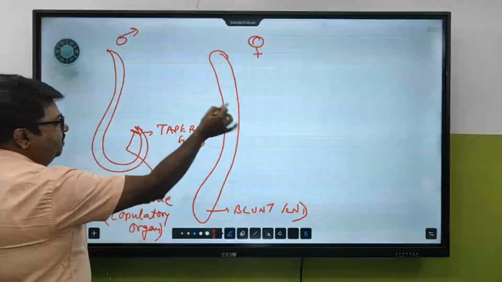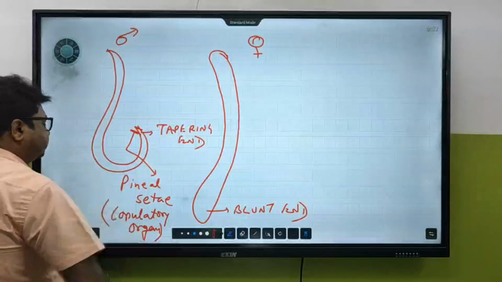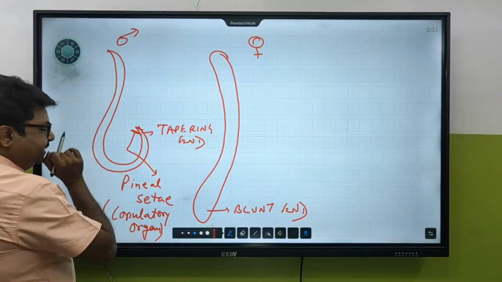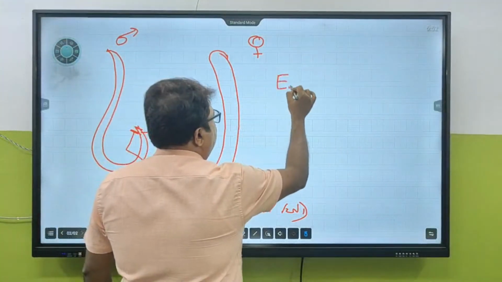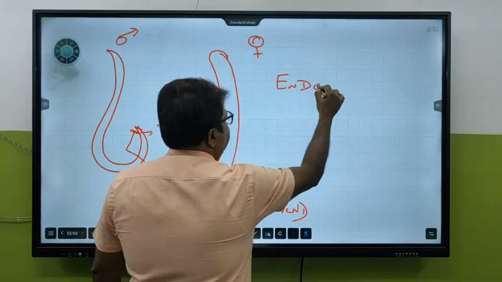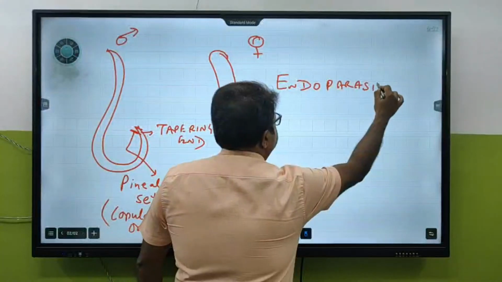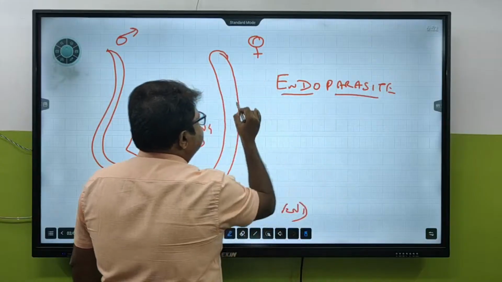So this is Ascaris, this is the male one, this is the female one. Now let us get into the next details. Because they are parasites, they are endoparasites.